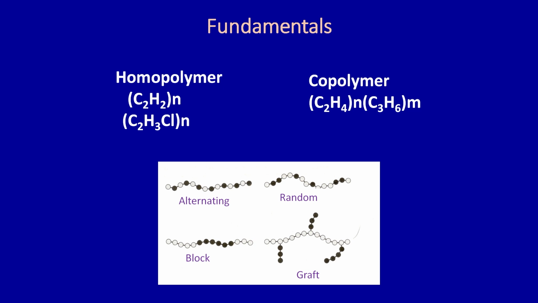You can also have different units of polymer. A homopolymer has a single unit, like I told you about polyethylene, or polyacetylene, this is C2H2. You can also have C2H3Cl, I think this is vinyl chloride, so that is added.